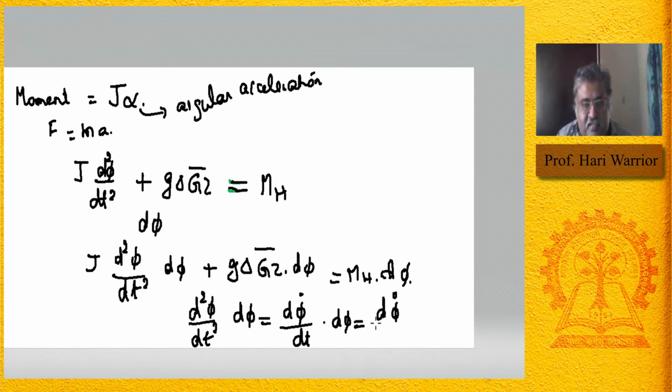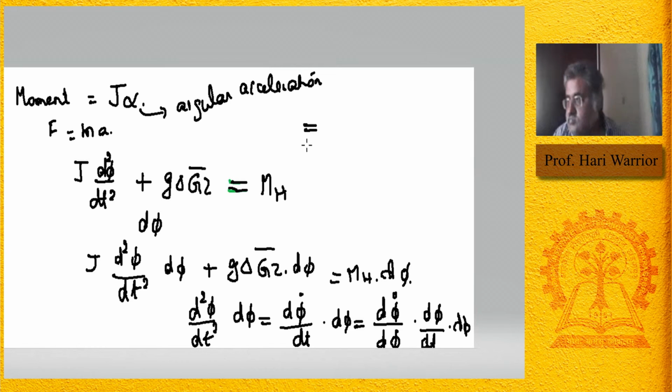This is just manipulation. I'm not doing anything new, just to get something very clearly: d phi dot by d phi into d phi by dt into d phi is equal to d phi dot by d phi.